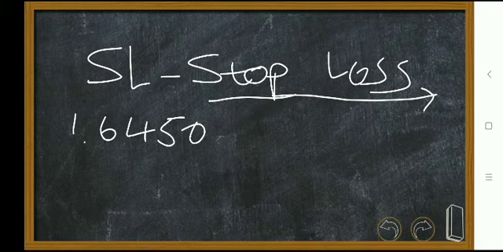Yes, because you cannot just enter then set your stop loss at, let's say this is your entry price. Remember, we're dealing with pips. So you cannot set at the price of 1.6449. That's a 1 pip difference. It won't allow that, because it's impossible.